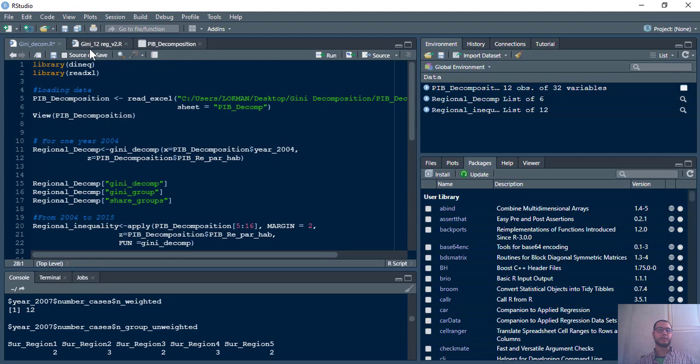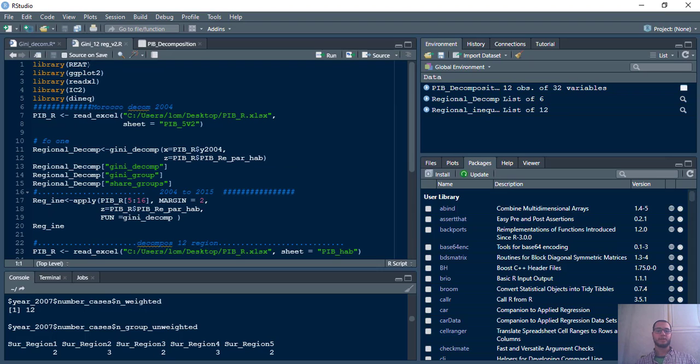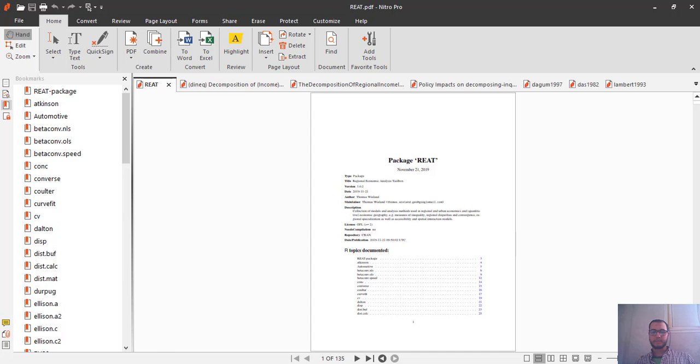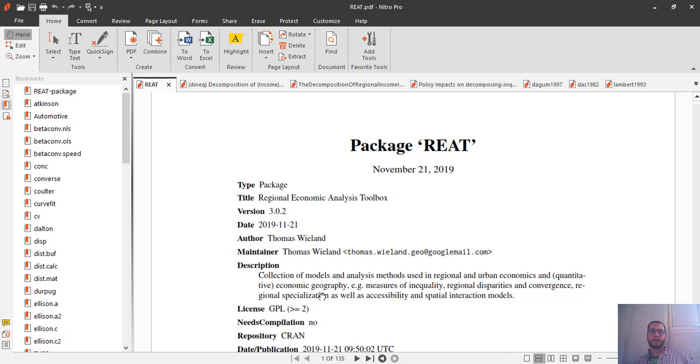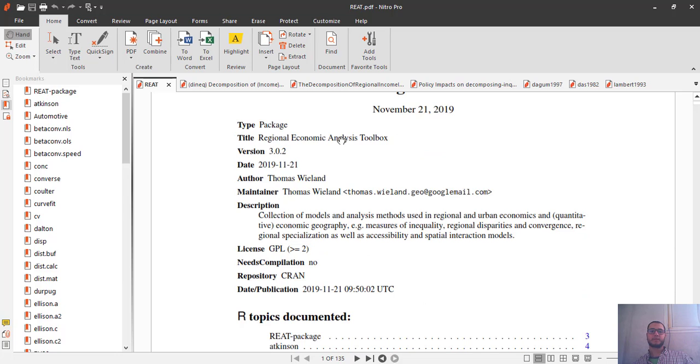For example, there is another package called REAT, the regional economic analysis toolbox, a collection of models and analysis methods used in regional and urban economics and quantitative economic geography, measures of inequality, regional disparities, and convergence.